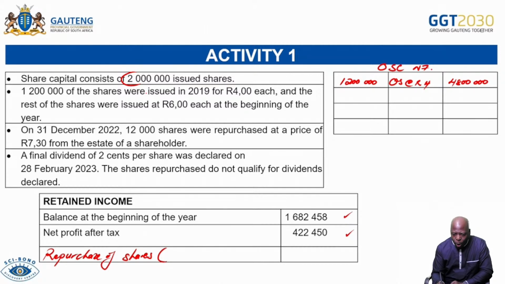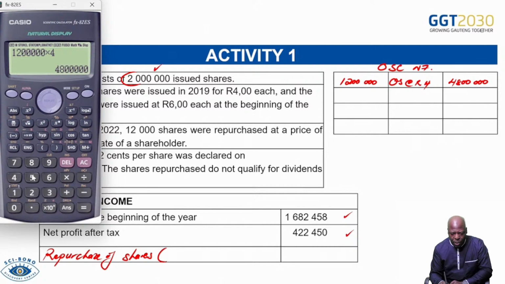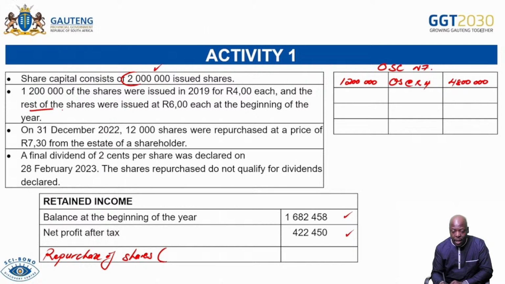And then how much is the rest of the shares? Out of the 2 million in issue, 1.2 million were issued in the previous year, so the rest is 800,000.